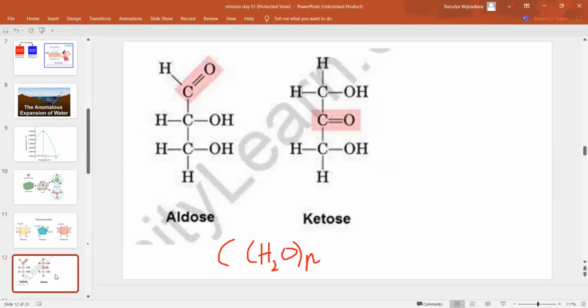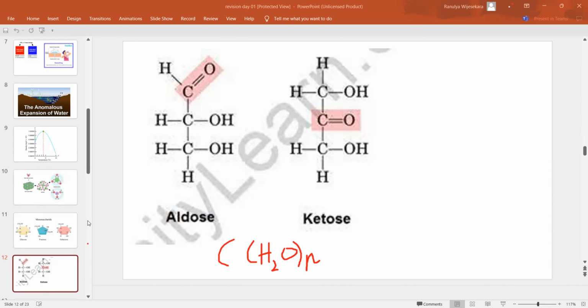Based on the type of the carbonyl group, we can divide as aldose and ketose. බලන්න carbonyl group එක මෙතන aldose එකේ මොකද තියෙන්නේ? aldehyde group එකක් CHO. ketose වල මොකක්ද ඒක? ketone එකක් CO. Right? මෙතන aldo group එකක් තියෙනවා, මෙතන keto group එකක් තියෙනවා. මේවා sugars නේ, සීනි නේ. හින්දා මේක aldose කියනවා, අනිත් එක ketose කියලා කියනවා. Aldose and ketose.